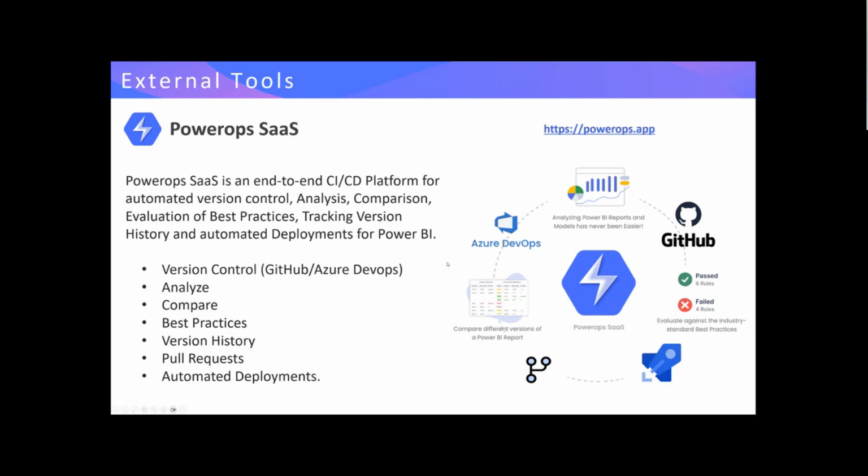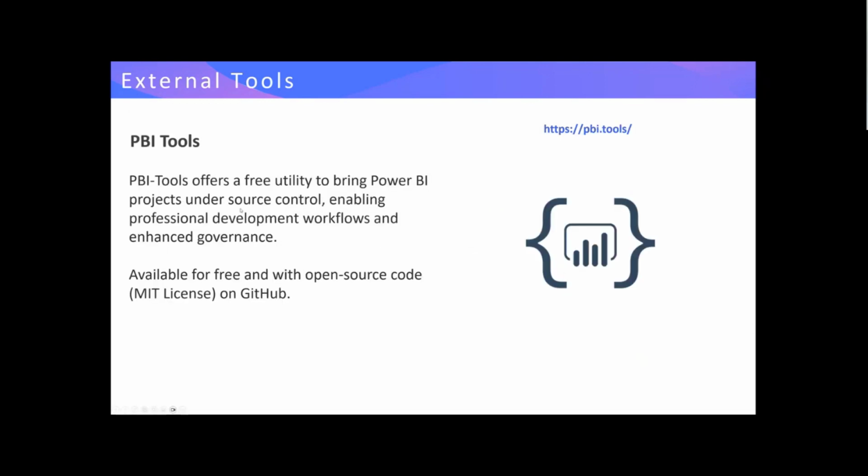The other tool in this list is pbi.tools. It is built by Mathias Thierbach. He's also a pretty good contributor in the Power BI and DevOps space. He created a free utility. It's a command line utility tool that you can use for source control. Earlier, before the PBIP format existed, this was one of the go-to tools for people to try to make sense of their Power BI reports and governance.